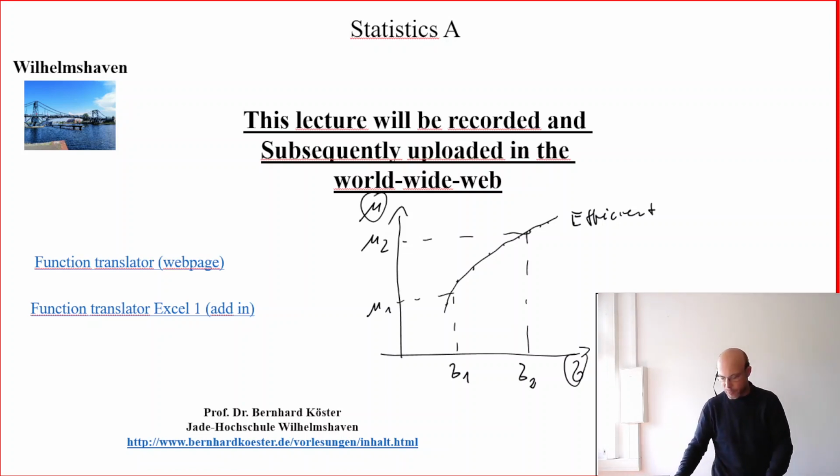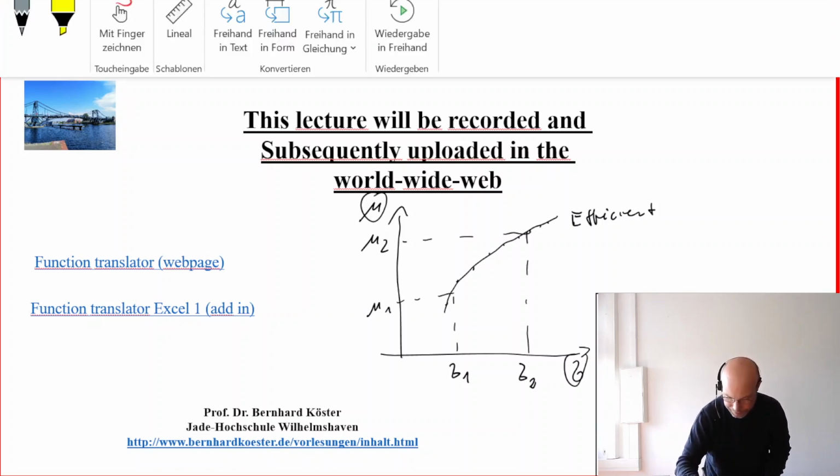And this we combined with a non-risky asset, in general investing in government bonds of large and stable countries. You can think of investing in German government bonds, or in government bonds of the United States.